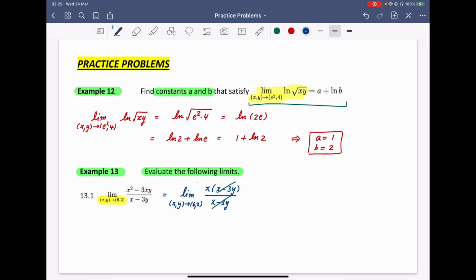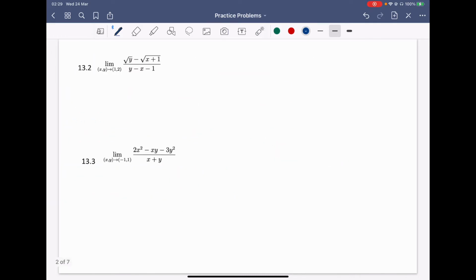So you have the limit of just x. And when x comma y go to 6 comma 2, this is just x, it goes to 6. Well, that would be your answer. Just simple like that.